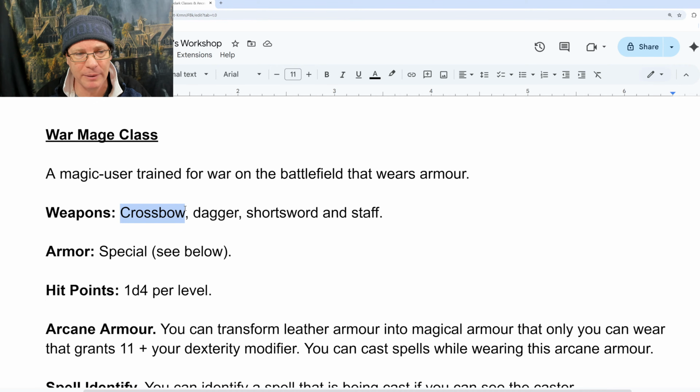You can preload it. It's not a great idea, but you can preload it. It does require strength, but actually there's usually a crank on a crossbow, so it doesn't require as much strength as a longbow does, which requires a lot more strength, so that would make no sense. You just won't be strong enough as a War Mage to be able to do longbow shots.